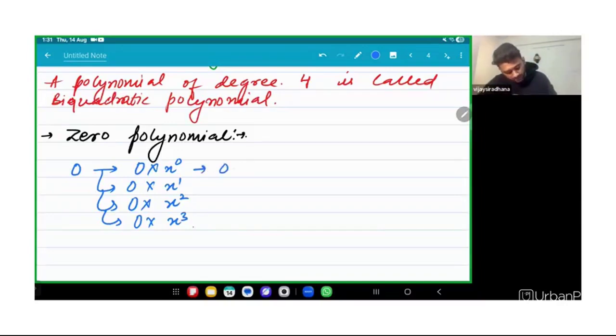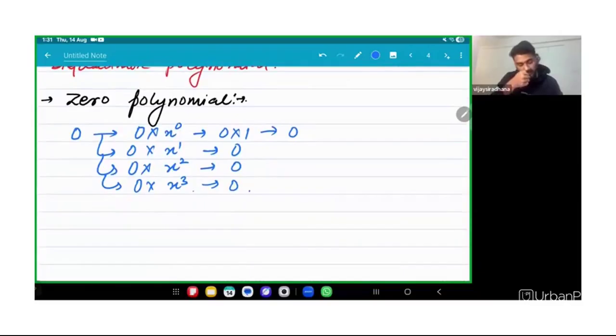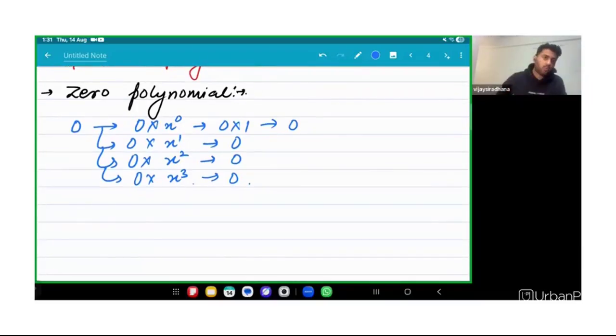It will be 0 only. Isn't it? So zero polynomial is something where the coefficient is 0. And then what about the variable? The degree of this variable is not defined.